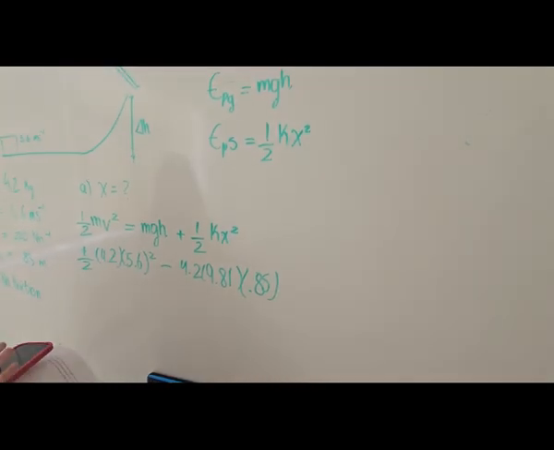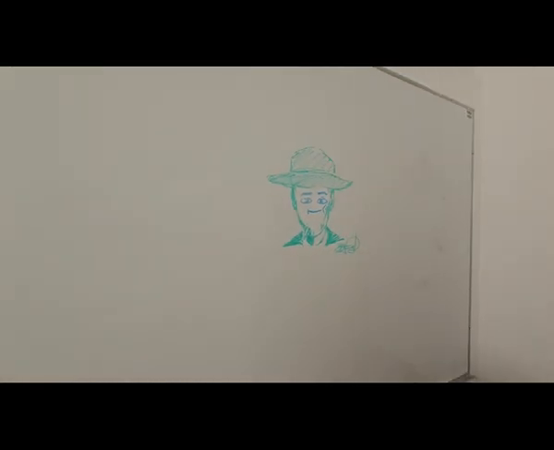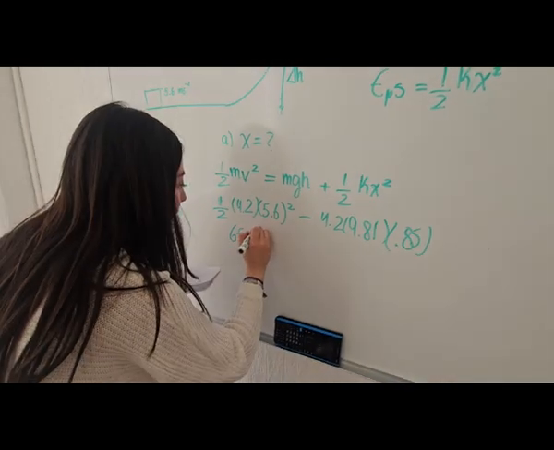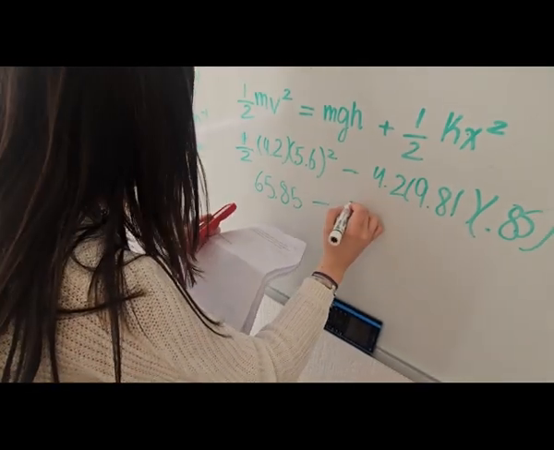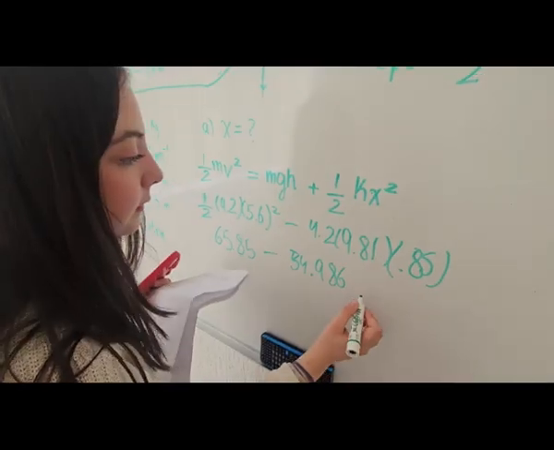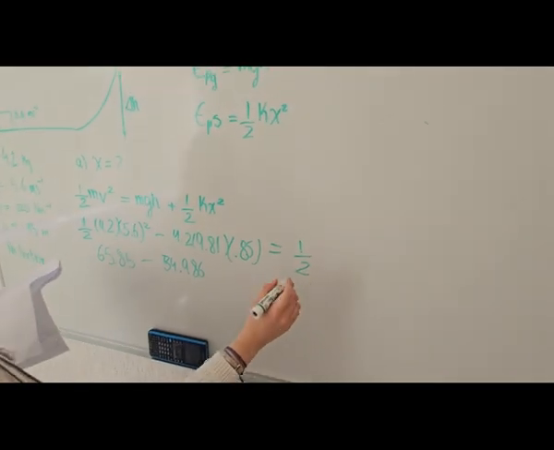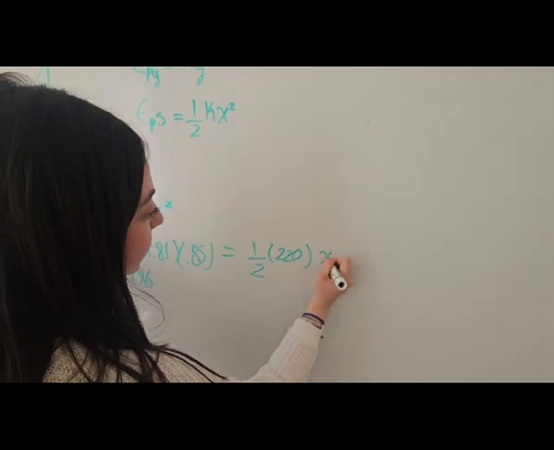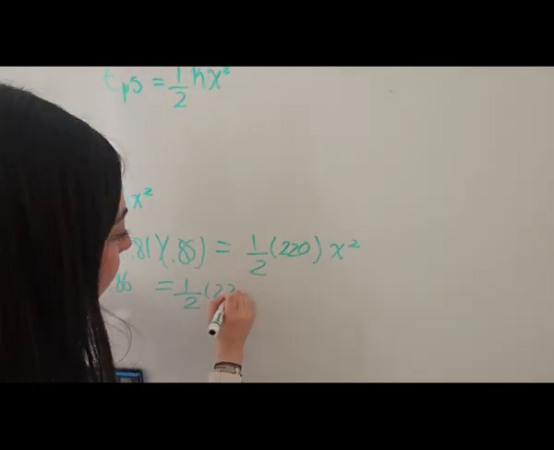So this should be about 65.85 minus 34.986, which is going to equal 1/2 times our spring constant times x squared.